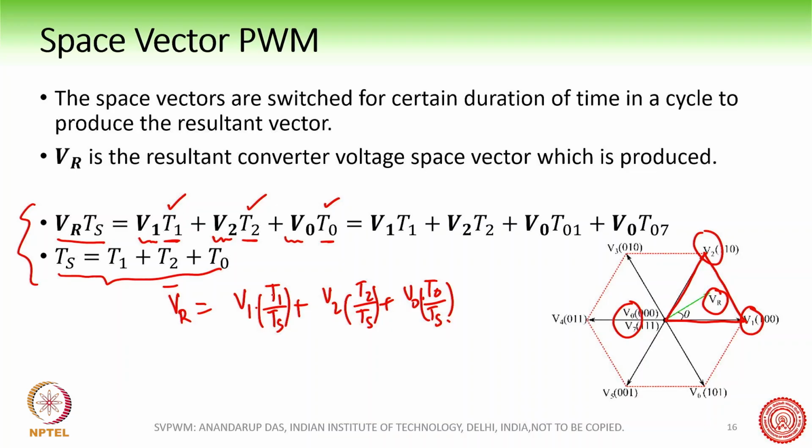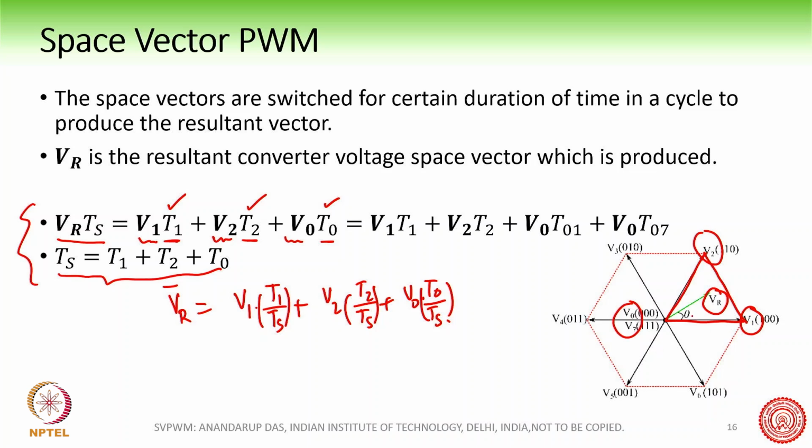Now these T1, T2 and T0 are in a switching cycle of total time Ts, for example 100 microseconds, where T1 is say 30 microseconds, T2 is 40 microseconds and T0 is 30 microseconds. These are basically the weights for V1, V2 and V0.